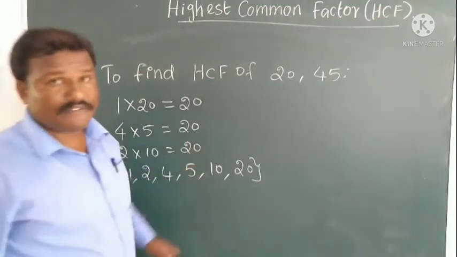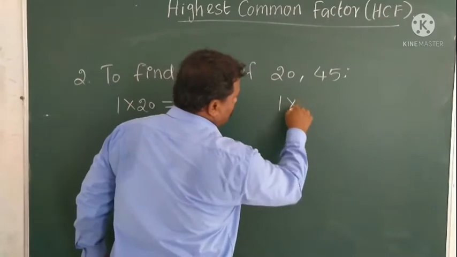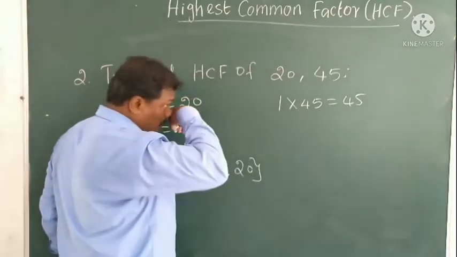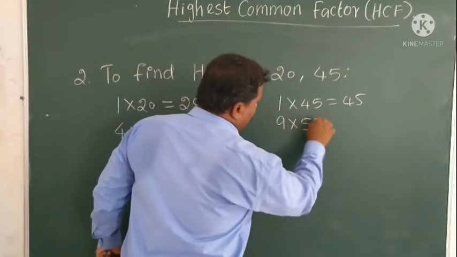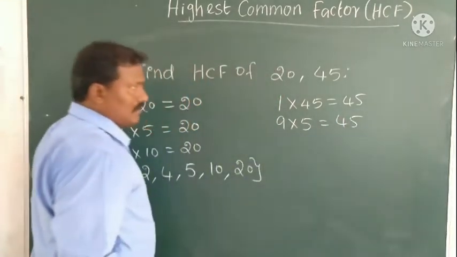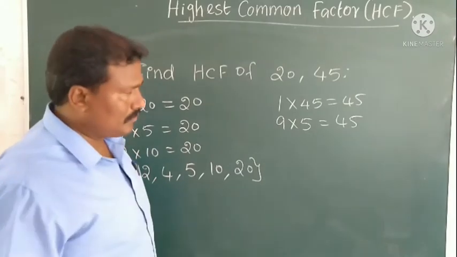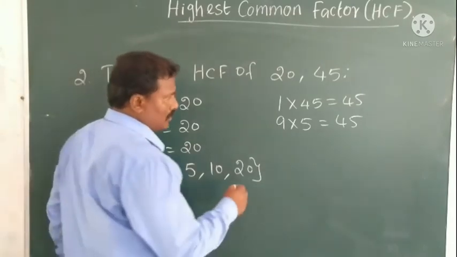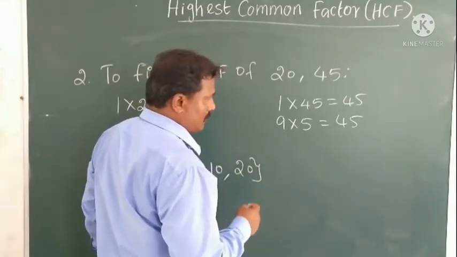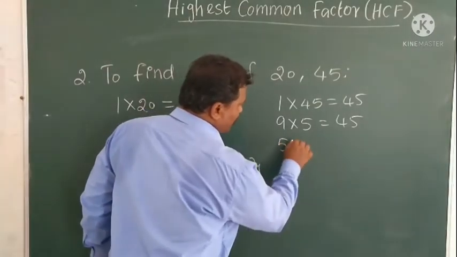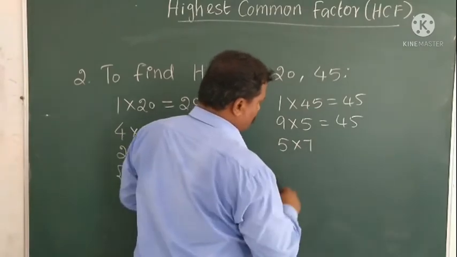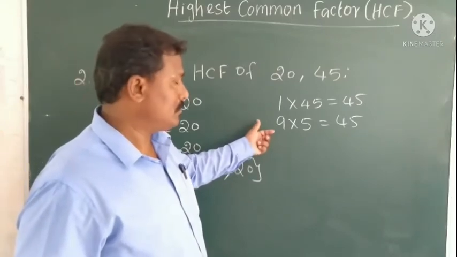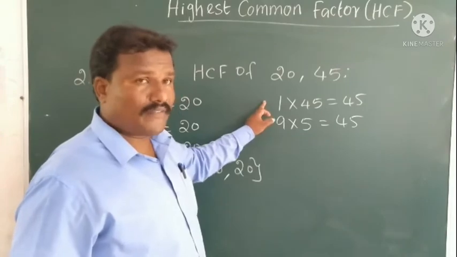Let me find the factors of 45. 1 forty-five is 45, 9 fives are 45.